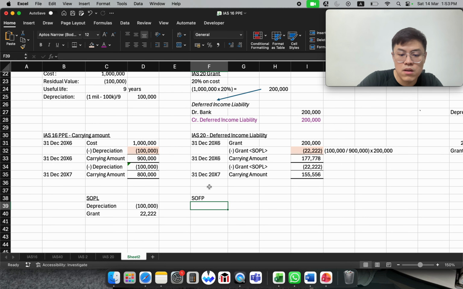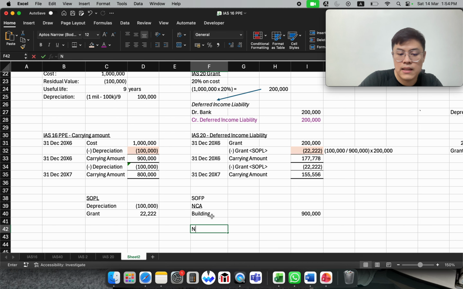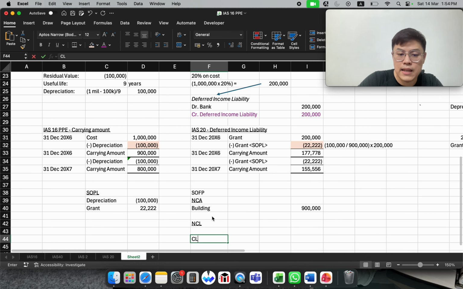For example, you have a building as a non-current asset at 900k, but the non-current liability of this, you will need to segregate into current and non-current deferred income liability.